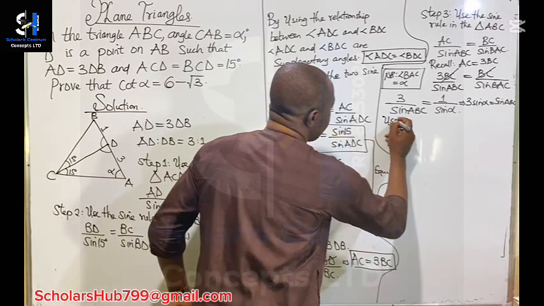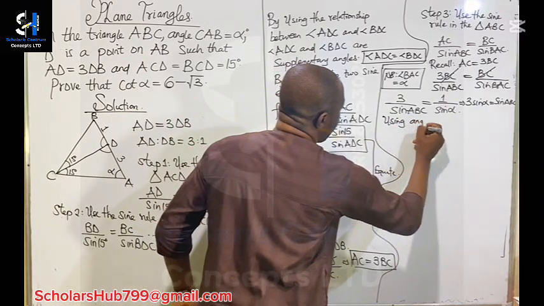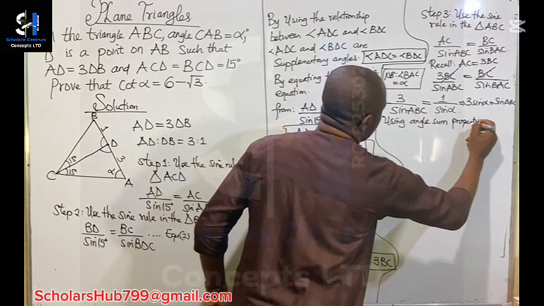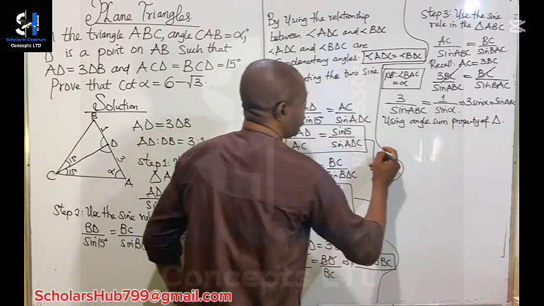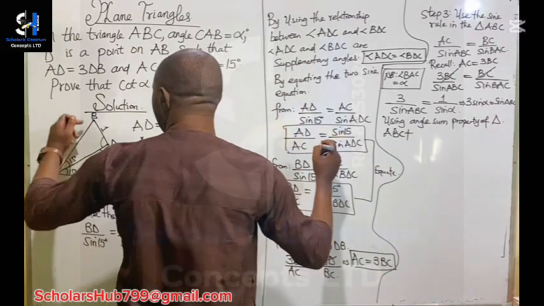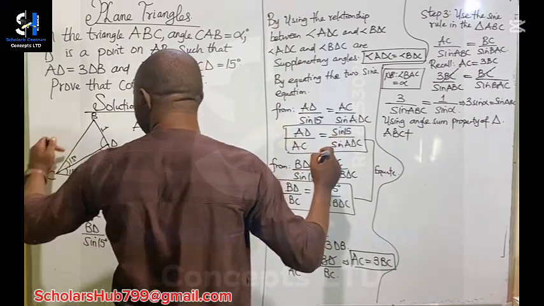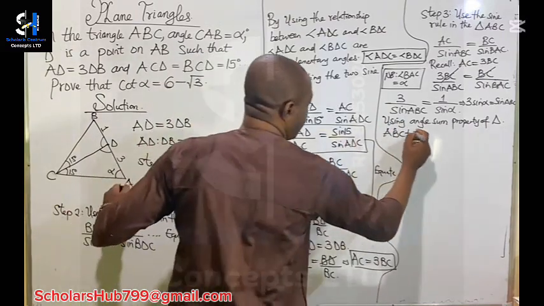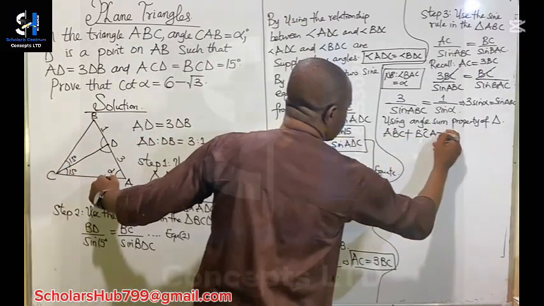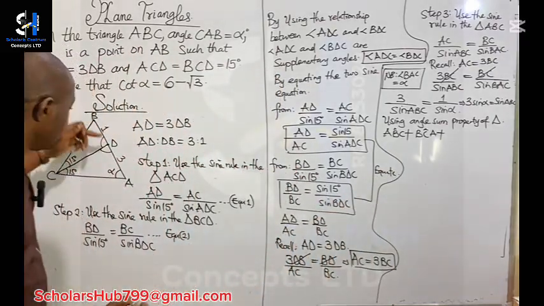So using the angle sum property of a triangle, we know that ABC plus BCA plus BAC.